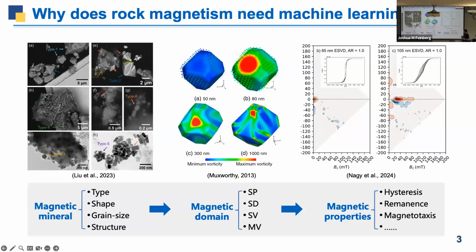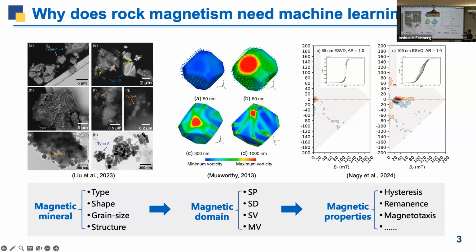As we all know, rock magnetism studies how magnetic minerals, with very complex microscopic parameters such as type, shape, and grain size, control the magnetic domain states, whether SPSD or others, and ultimately control their magnetic properties.